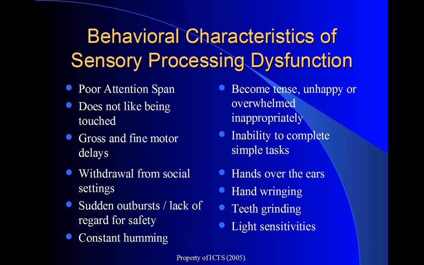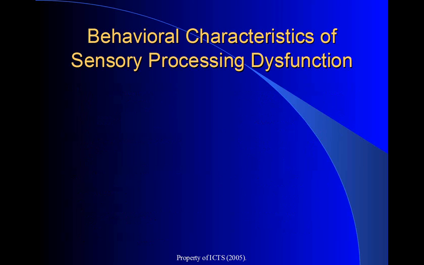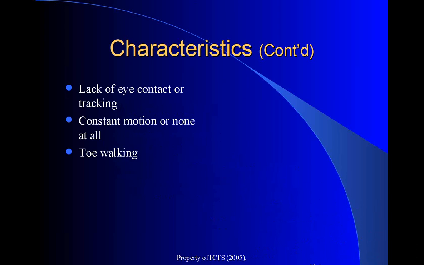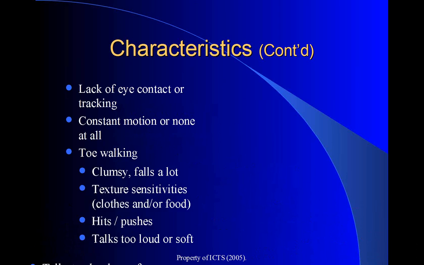Light sensitivities: fluorescent lights, bright sunlight, inability to walk from the car to the grocery store without screaming and crying and covering their eyes. That's another indicator that there are visual processing deficits and or functional visual deficits that need to be addressed. Some more characteristics might include a lack of eye contact or tracking.